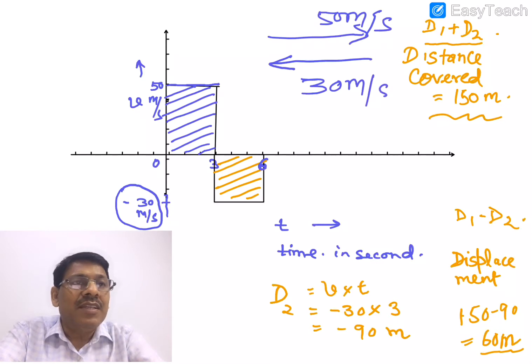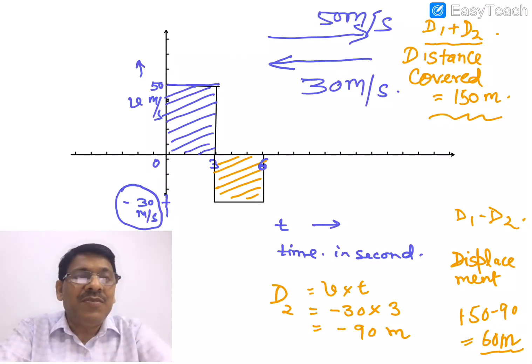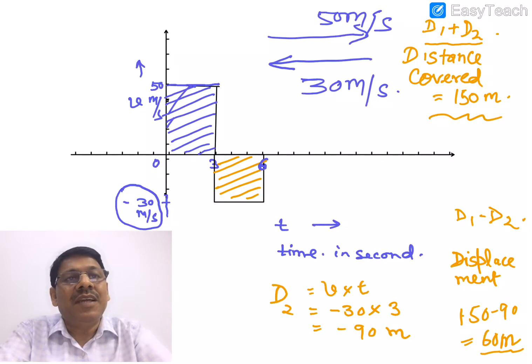One is taken as positive, another taken as negative. As you know, the velocity time graph gives the distance traveled, and this distance traveled we can find by calculating the area under the velocity time graph.